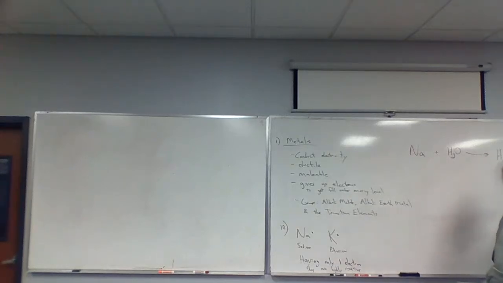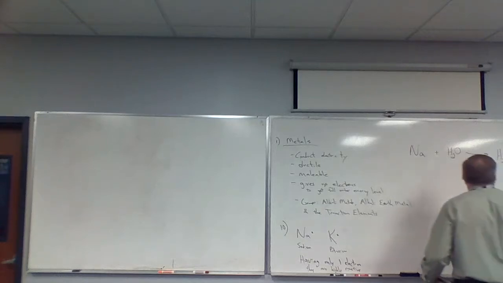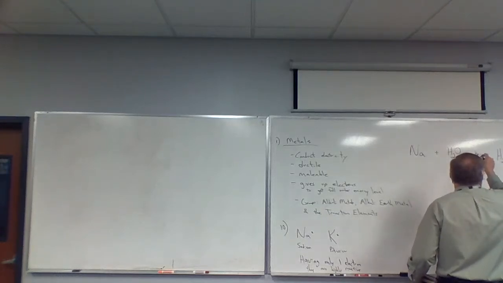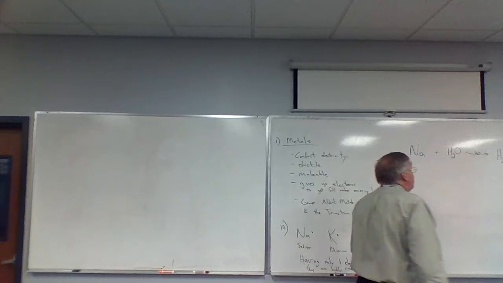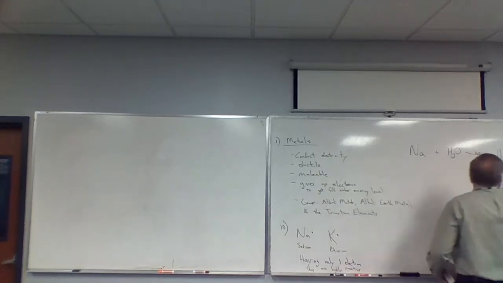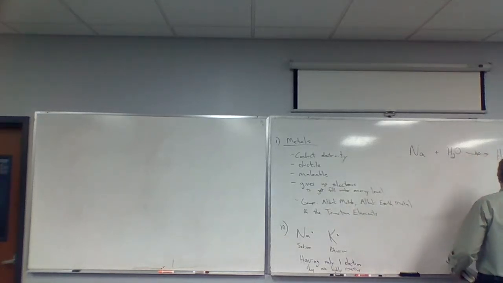It makes H2 and O2. Right? I'm sorry, it makes OH minus and sodium plus. This is OH minus and sodium plus in the water. Okay? This is in excess water. So it makes that H2 plus OH minus plus Na plus.